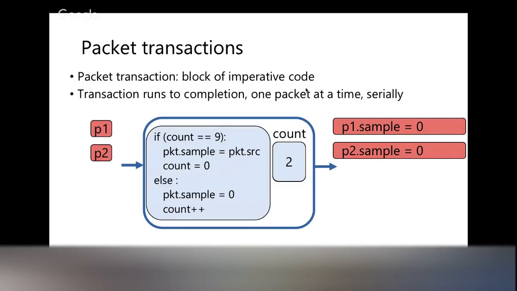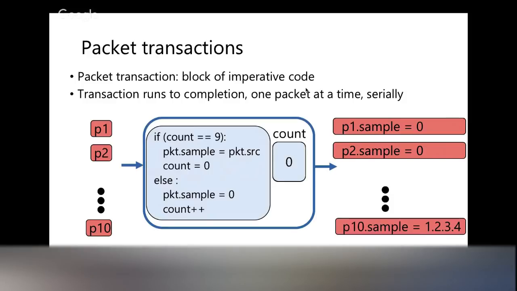And we keep going serially until we get P10, which then is actually sampled because count is at 9. So this gives you the illusion of processing packets serially on an extremely fast single-core processor without having to worry about underlying hardware details like pipelining and what atoms are actually available in the hardware.